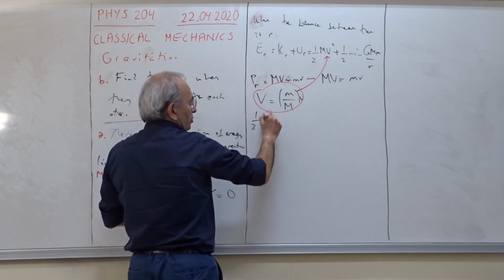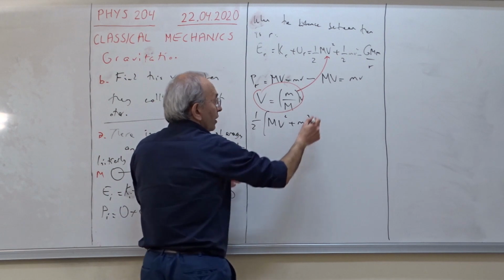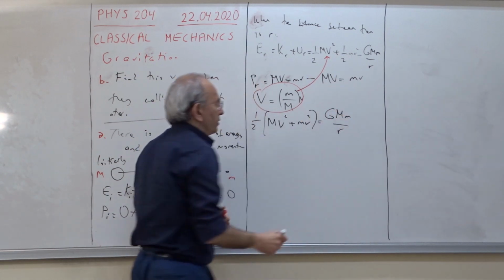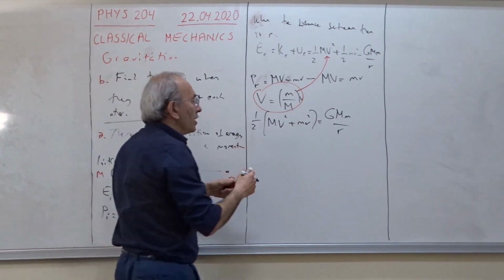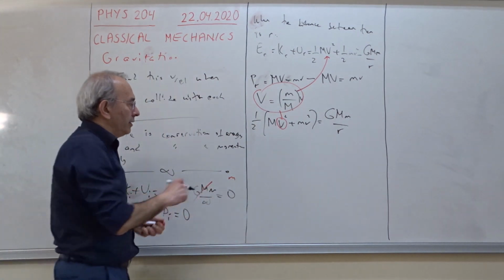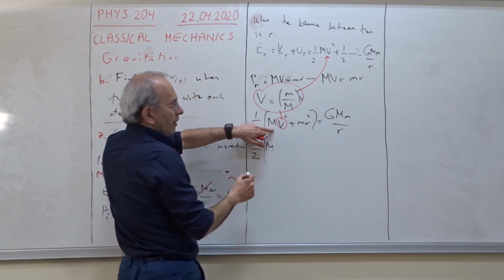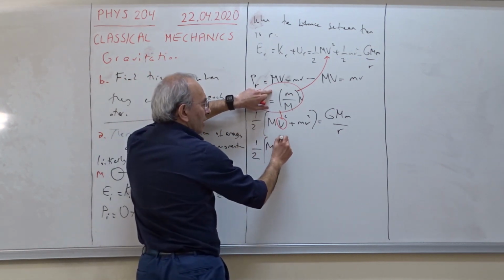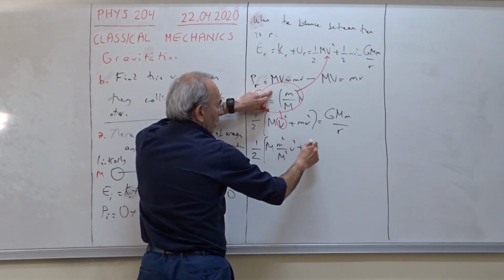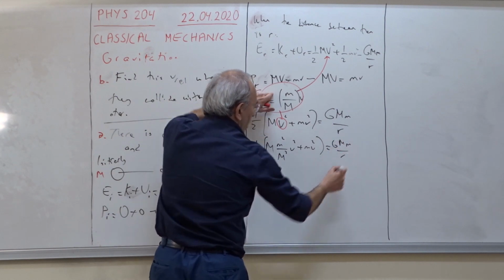1/2, take it outside. Capital M, capital V squared, plus little m, little v squared is equal to G M m over r. But this V is now replaced by the right hand side, so that we have 1/2 capital M, capital V squared, so we have little m squared by capital M squared, little v squared, and the second term, G M m over r.